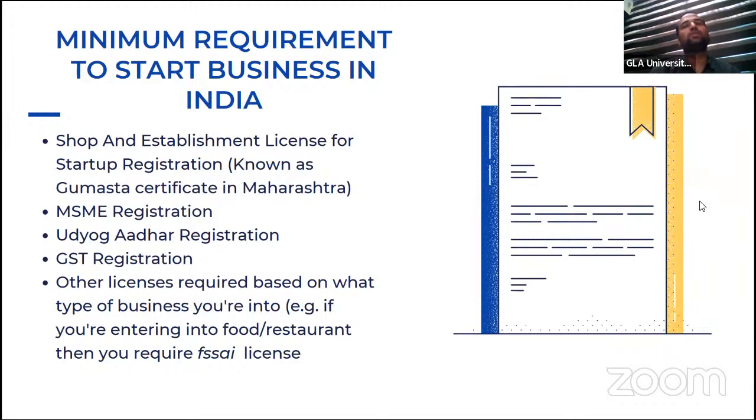It is generally given to a pharma graduate or undergraduate, like you need to have a diploma in pharmacy or B Pharma, right? And there are many other businesses which require different types of licenses. So that depends on what type of business you are into.